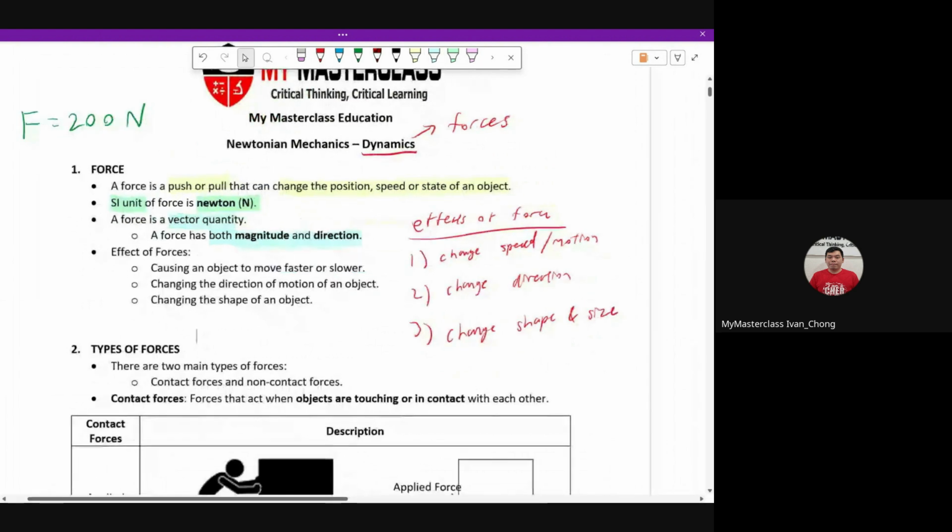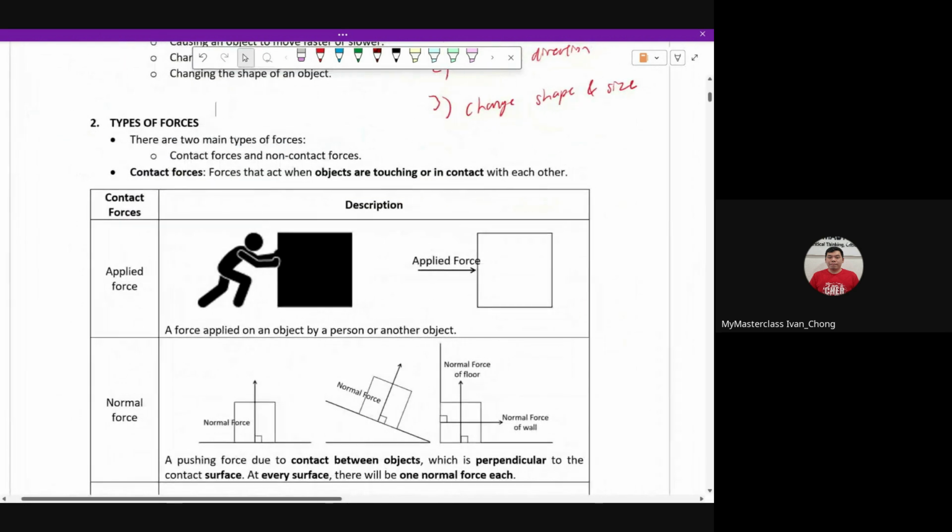Now, next, let's talk about the different types of forces. We have contact forces and non-contact forces. When we say contact, it means you need to be touching or in contact with one another.